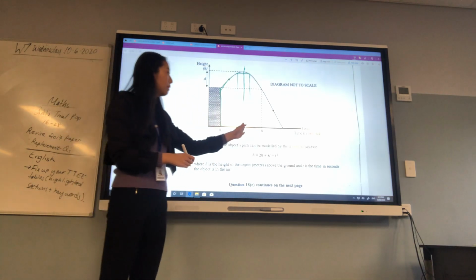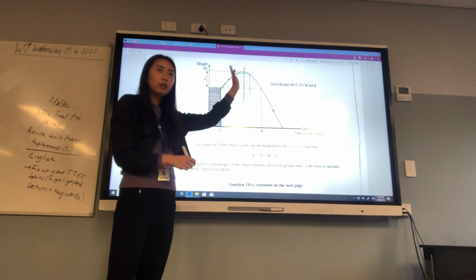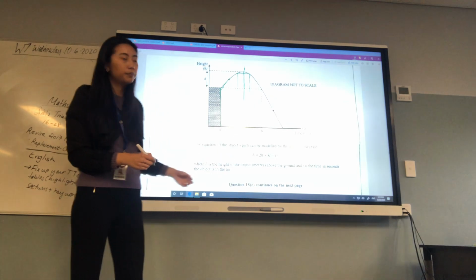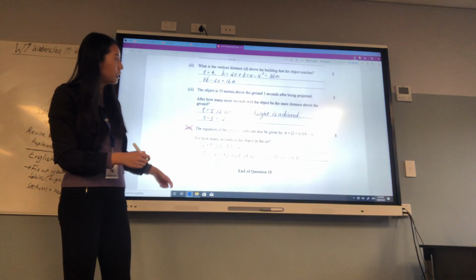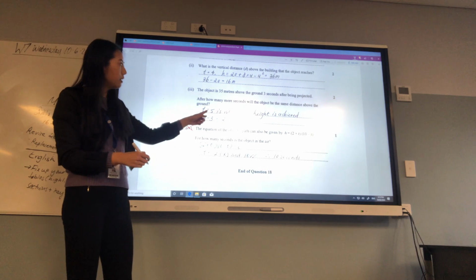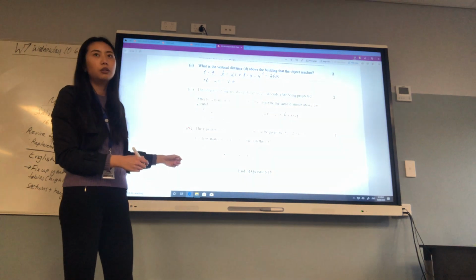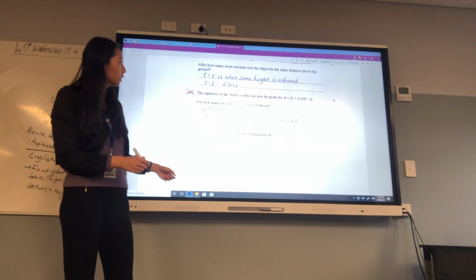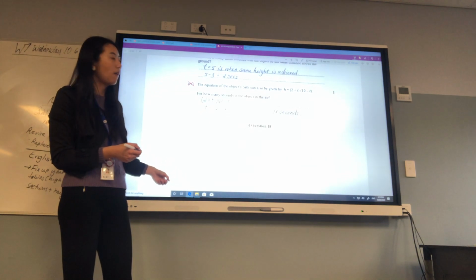Because it was 1 second before you achieve the maximum height, and because it's a symmetrical shape, you're going to achieve the same height 1 second after as well. So it's going to be 5 seconds, but it asks after how many more seconds. So you do 5 minus 3. That will give you 2. Next one is quadratic. You're not required to do this anymore this year.